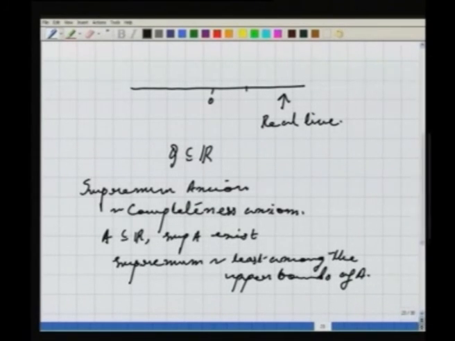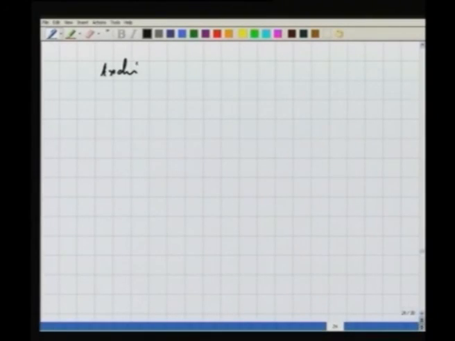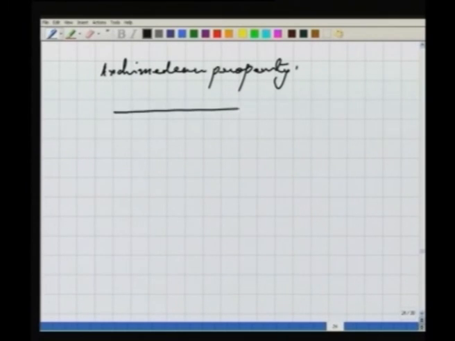The next thing was a fundamental application of the supremum axiom, which we called the Archimedean property. Well, pictorially it means just this. You have this line, you take some y far away from 0 and you take some x here.